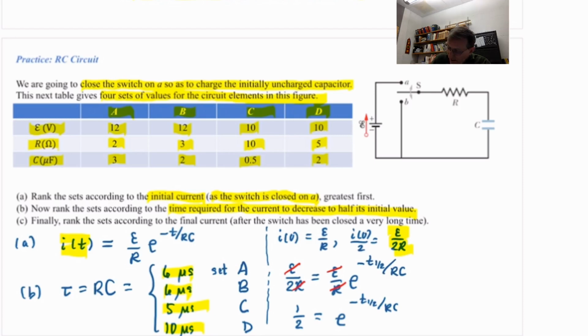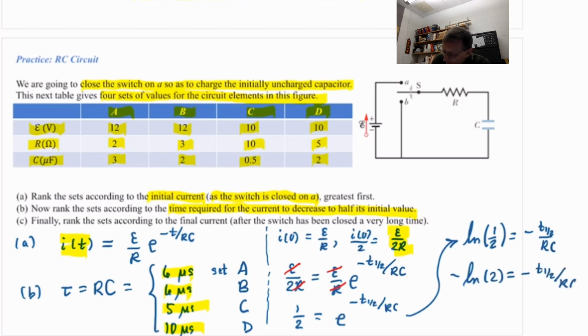And I take the logarithm of both sides. Logarithm of 1/2 equals minus T1/2 over RC. Logarithm of 1/2 is negative log of 2. So T1/2 is RC times the natural log of 2. That's a handy way to get the half-life. Just take the time constant, tau, multiplied by the natural log of 2.